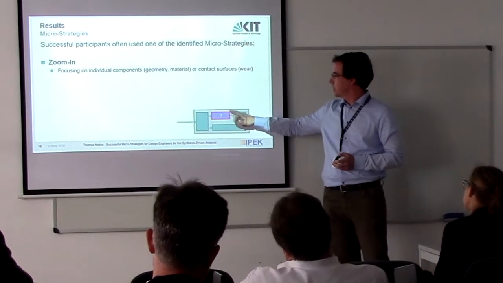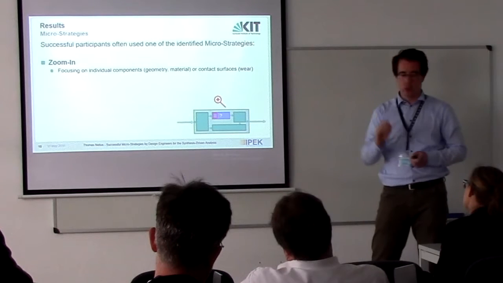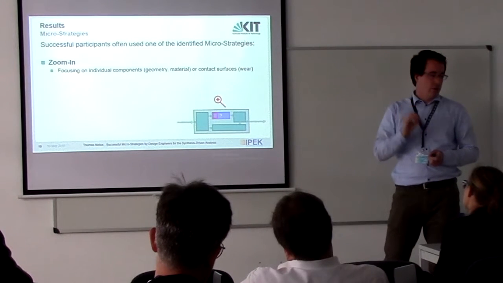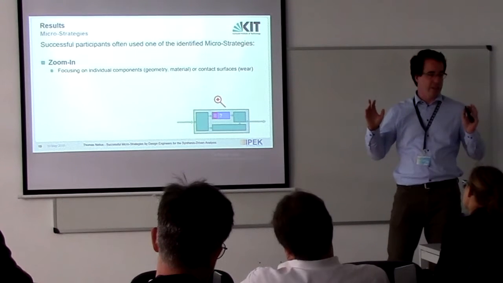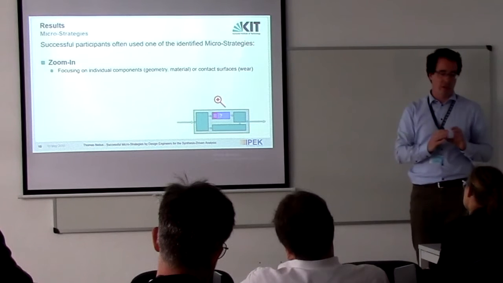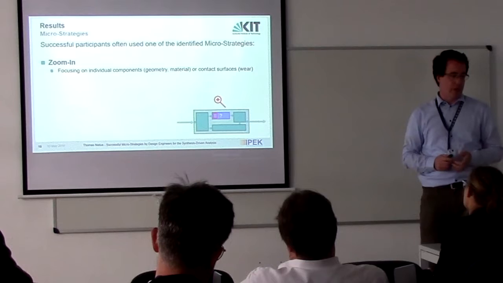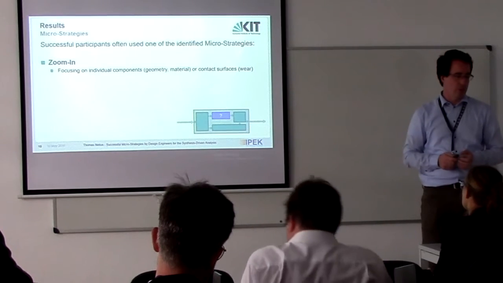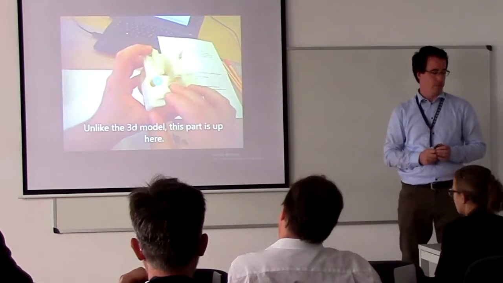conclude on the function of this subsystem, the first way is to zoom in, so focusing only on individual components, on contact surfaces, and really narrow it down, only analyzing a small part of this unknown subsystem to perform the deeper analysis. Here we have a look at this microstrategy.